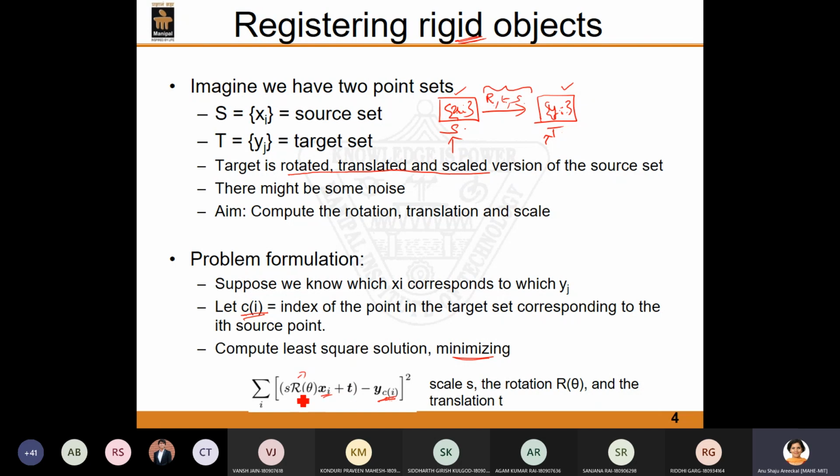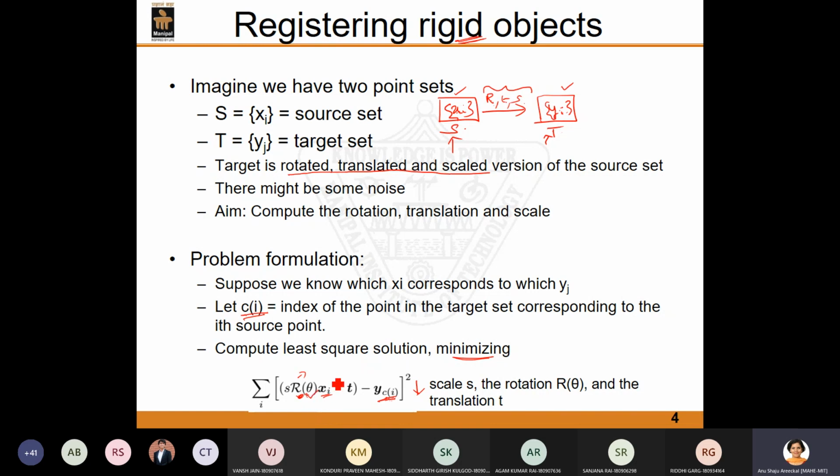What I'm trying to do is find the least minimum value possible for this error function. That means I vary the values of r, in the sense theta, because theta is the variable over here.